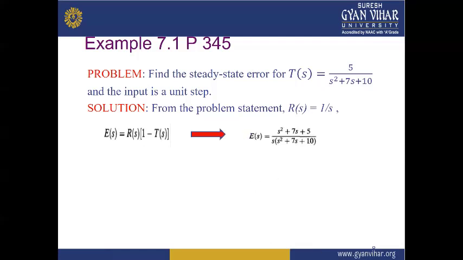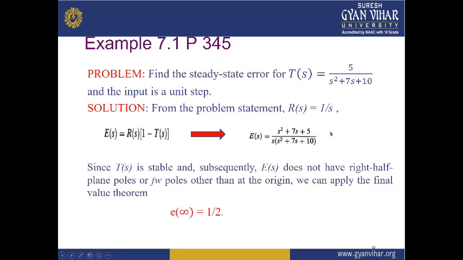When we substitute this into the error signal, we get E(s) equal to (s square plus 7s plus 5) upon s into (s square plus 7s plus 10).